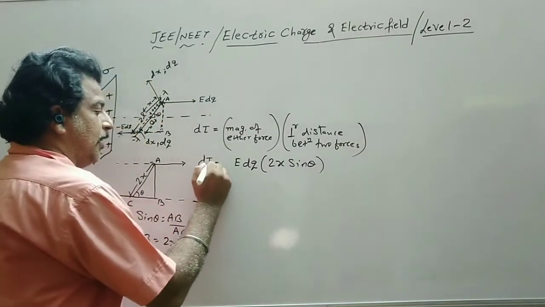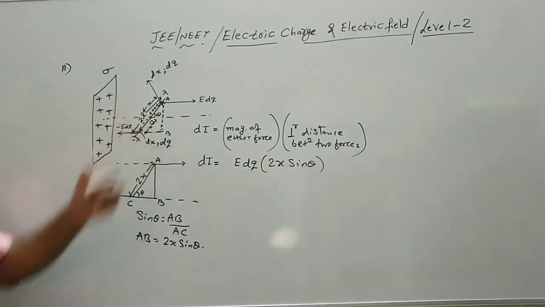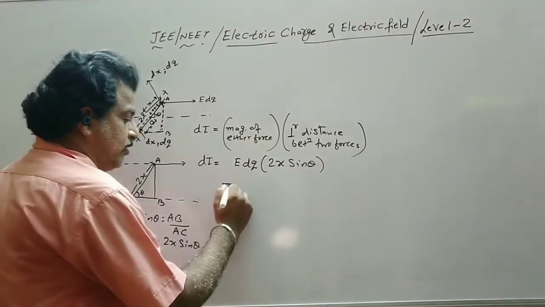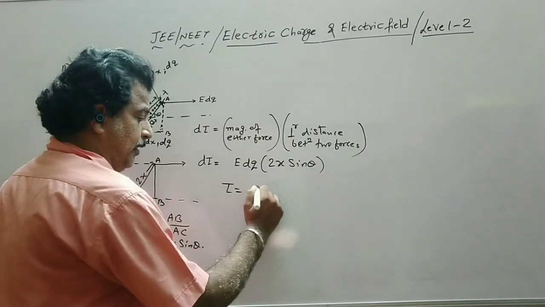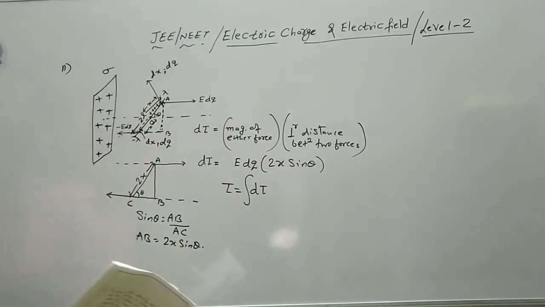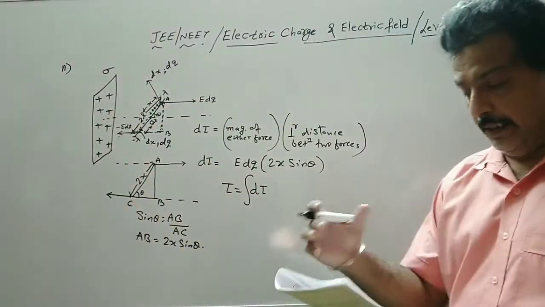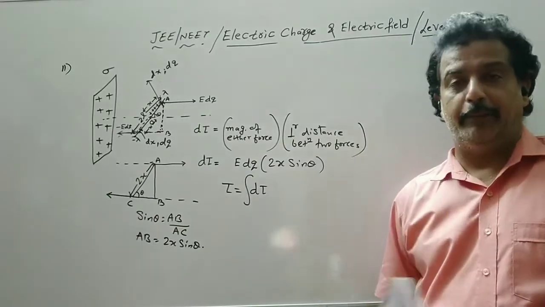So this is the torque acting on the line element. Now I have to find out the resultant torque, so it is just an integration. This can be written as integration of d tau. Now if we see the options, they are in terms of sigma and lambda.